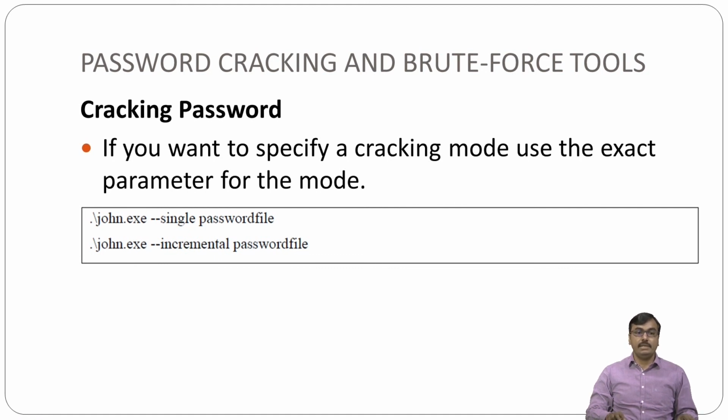Then there is a second command line: john.exe dash incremental password file. It is actually the original brute force command. In that, each and every character is combined and it finds the match.